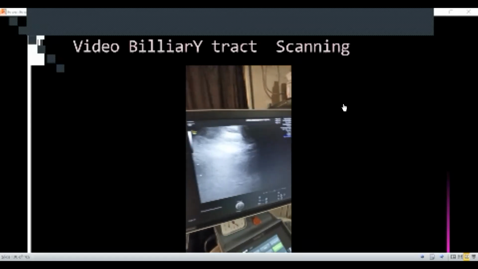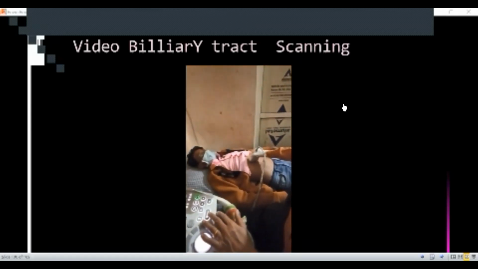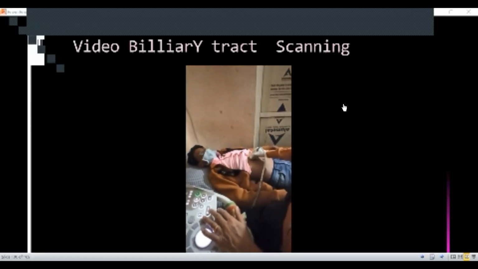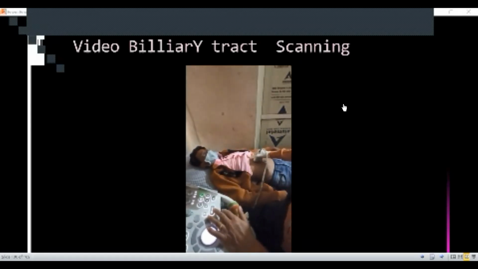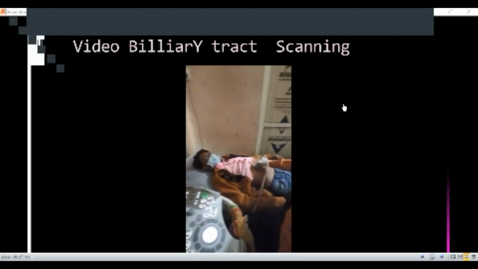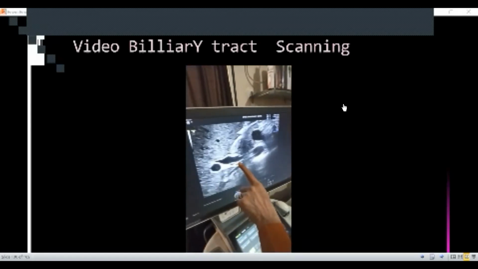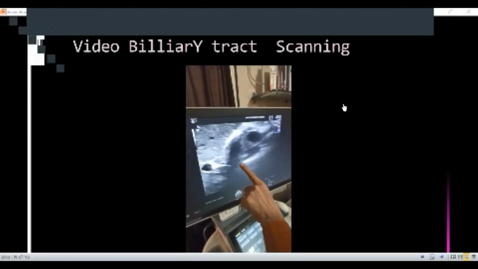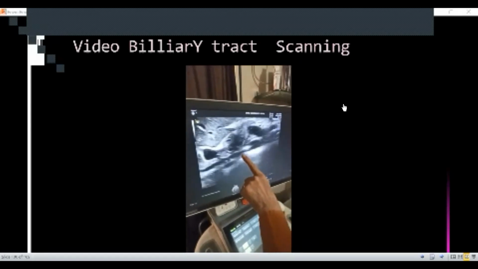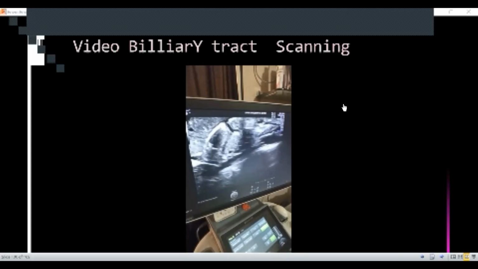Now we have to move slightly to the other side of the duodenum to get the distal part. So this is the proximal part of the common bile duct, and it is going behind the duodenum.